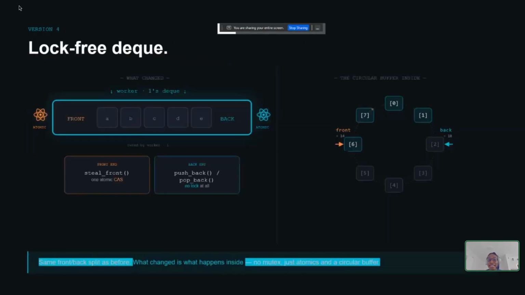So to do that, I had to change the deque to being lock free, right? That was the only way I could remove the lock contention when there's stealing. If every thread's deque is lock free, during the stealing, there won't have to be any "give me your mutex, I want to lock your mutex because I want to take something."